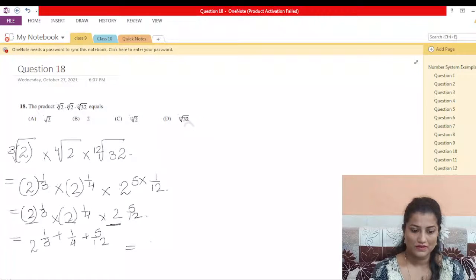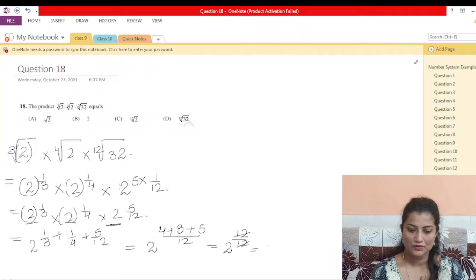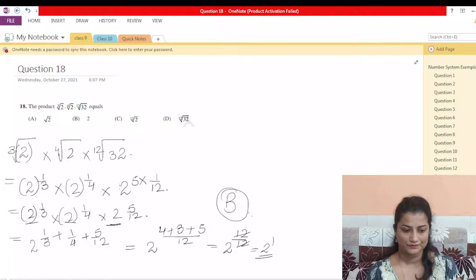So when we add this, 2 raised to (4 plus 3 plus 5) divided by 12. 4 plus 3 plus 5 is 12, so 12 by 12 is equal to 2 raised to 1. So the correct answer is B, that is 2.